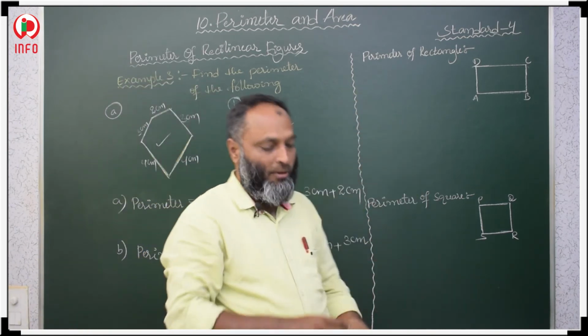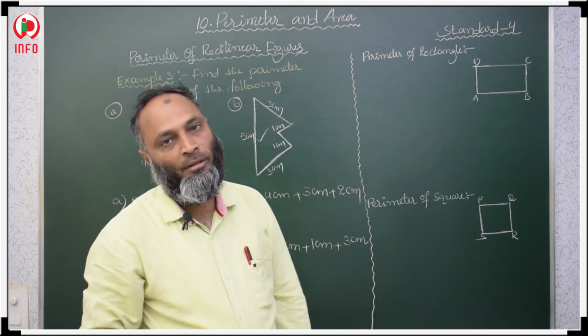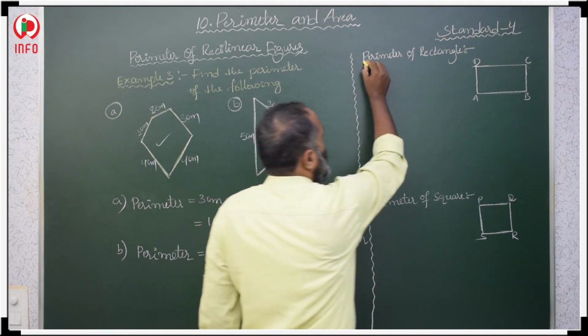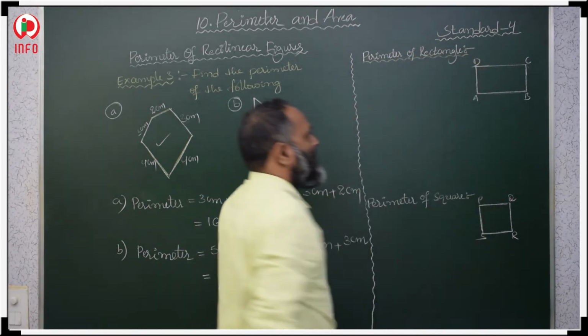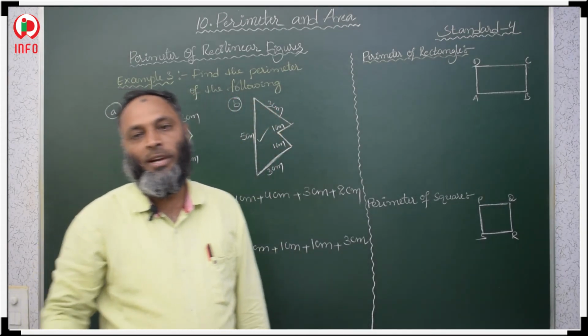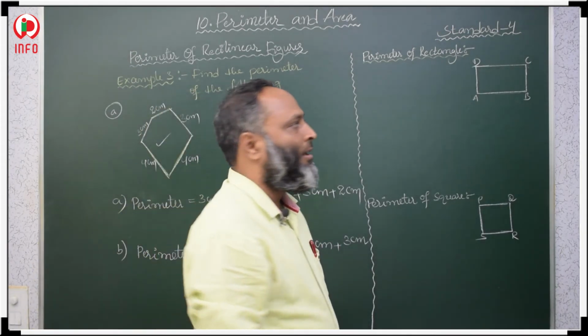Next, we are going to discuss how to find the perimeter of a rectangle. Perimeter means we should add all four sides.